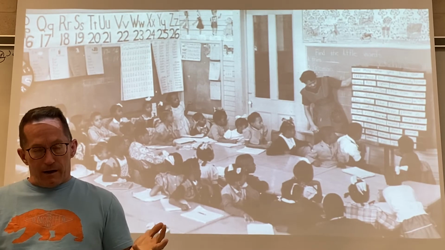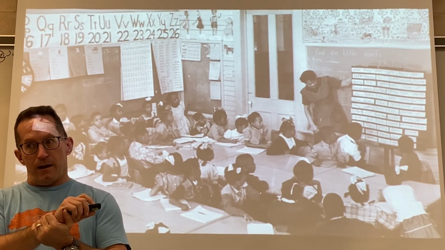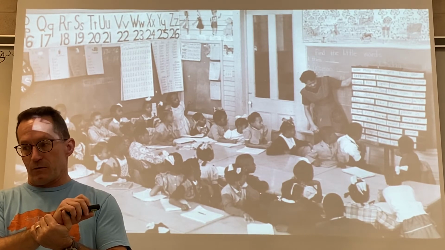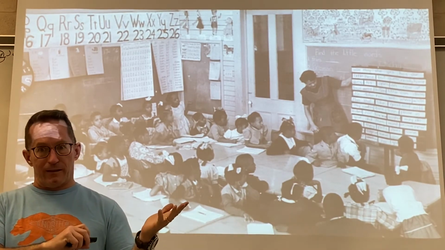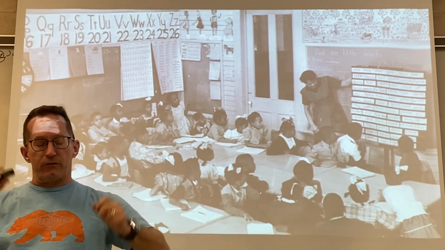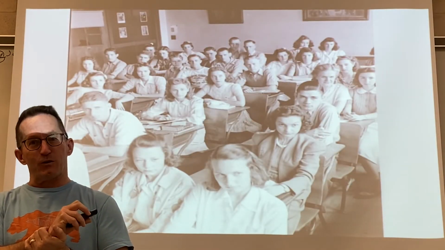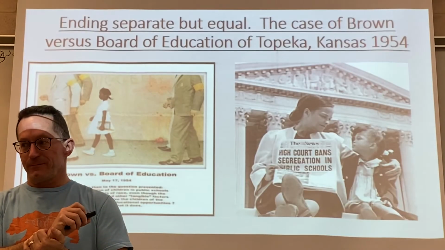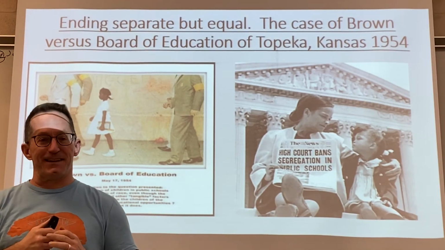So we're going to talk next about where this desegregation fight is really going to come to a head, and that is in schools. So schools were segregated, again, particularly in the southern U.S. You had an African American school, a colored school, they'd call it at the time, and a white school. We go all the way to 1954.